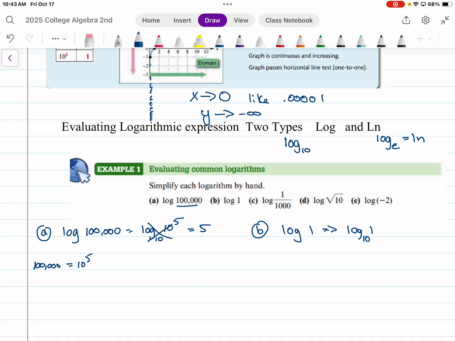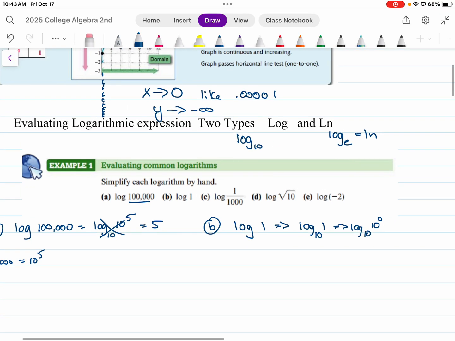Well, how can I rewrite 10 to a power to get 1? That means I can rewrite this as log base 10 of 10 to the 0 power. And then I can apply this property where the base on the logarithm and the base of the number being raised to a power match, and that's what the calculator does. The next one gets a little bit more challenging rewriting.